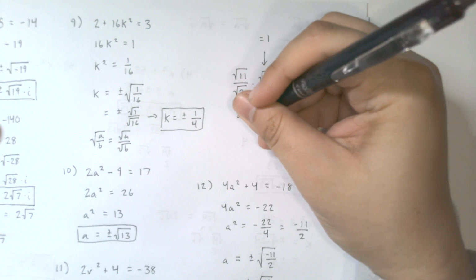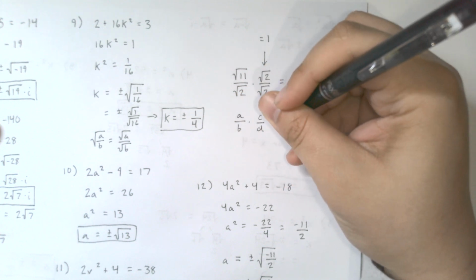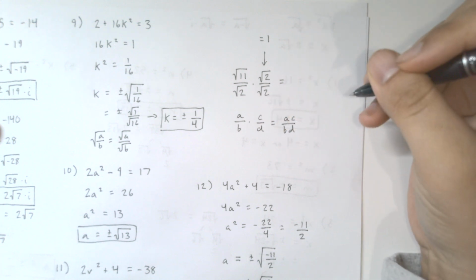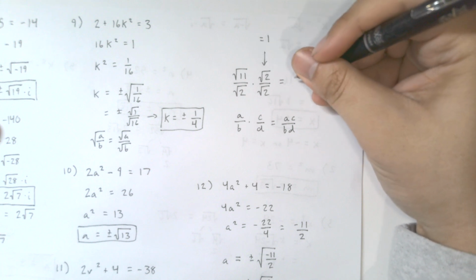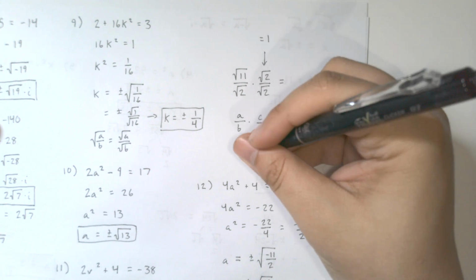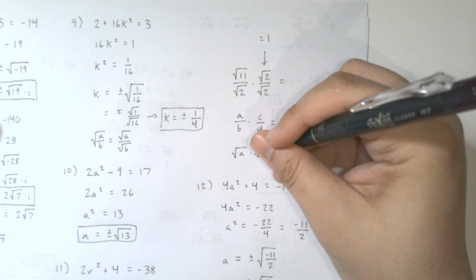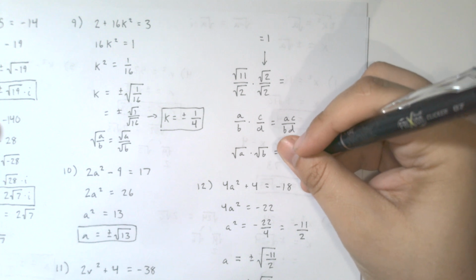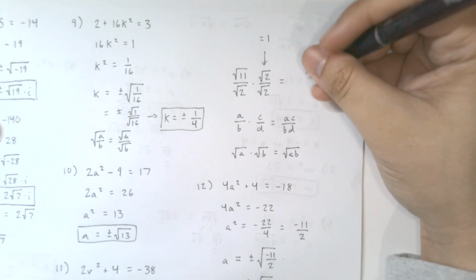Remember, when we're multiplying fractions, if we have a over b times c over d, this is equal to ac over bd. And so we get to just multiply across. And also, another property to recall with square roots is if you have the square root of a times the square root of b, this is just equal to the square root of their product. So we have the square root of a times b.